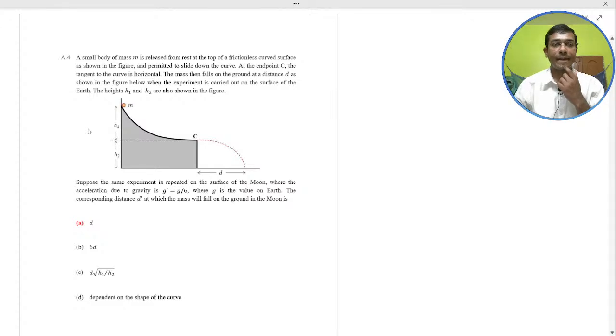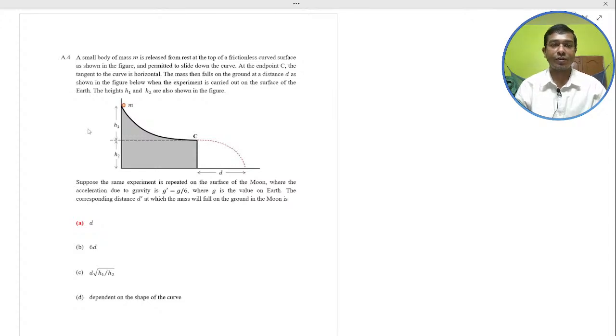Problem number 4. A small body of mass m is released from rest at the top of a frictionless curved surface as shown in the figure and permitted to slide down the curve. At the end point C, the tangent to the curve is horizontal. The mass then falls on the ground at a distance d as shown in the figure when the experiment is carried out on the surface of the earth.